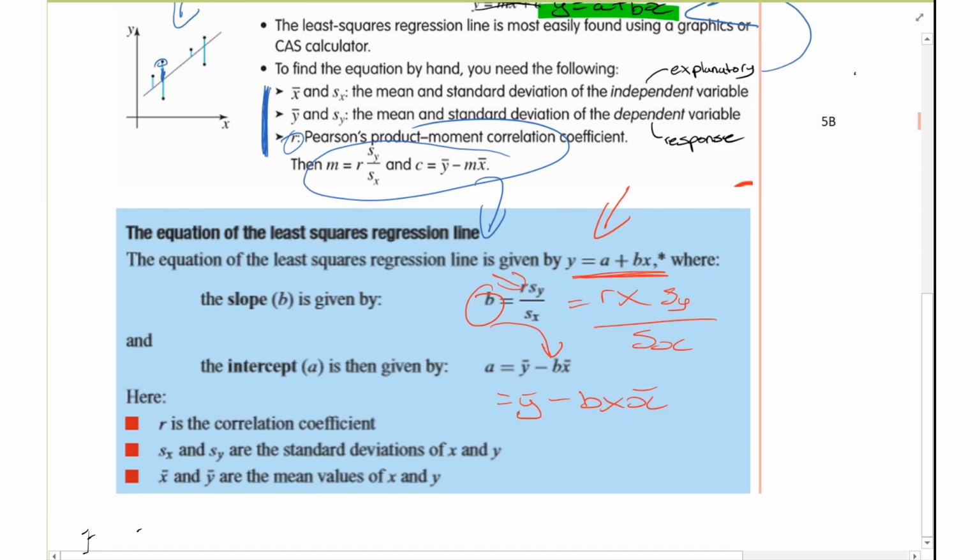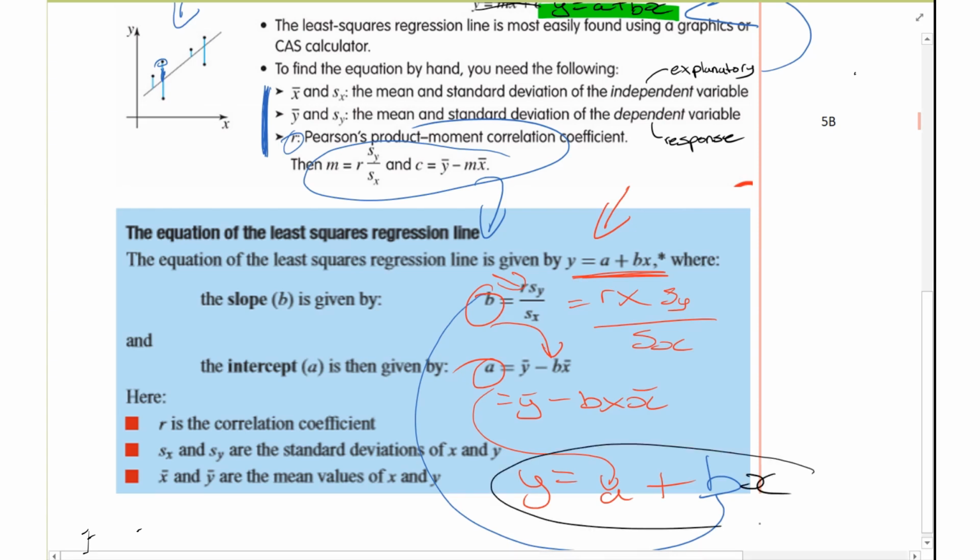So it's the mean of y minus the slope times the mean of x, and that'll give me my a. Then I can go y equals a plus bx. And that's basically my linear regression line of best fit from a least squares approach.